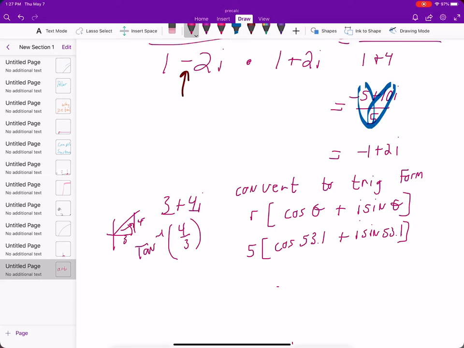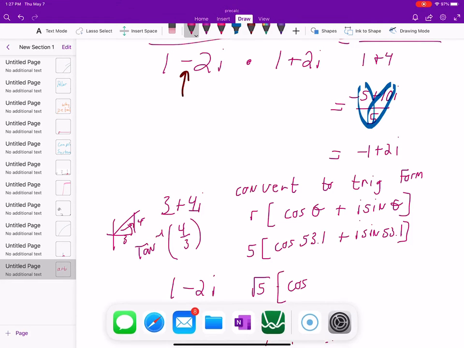Now if we do the same thing with this one and put it into trig form, we'll follow the same steps. So 1 squared and 2 squared, that's 5, but this time we're going to have the square root of 5, bracket, cosine. I need that theta, so I have negative 2 over 1.